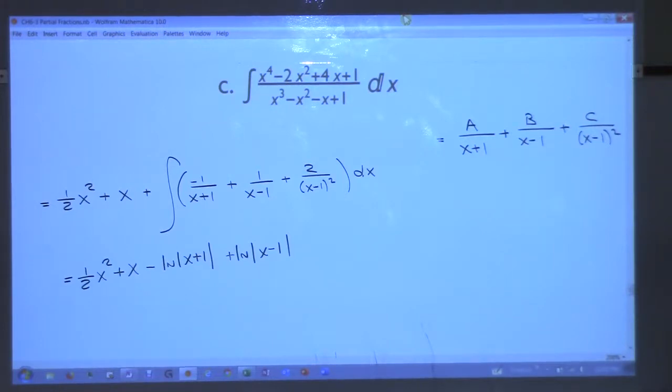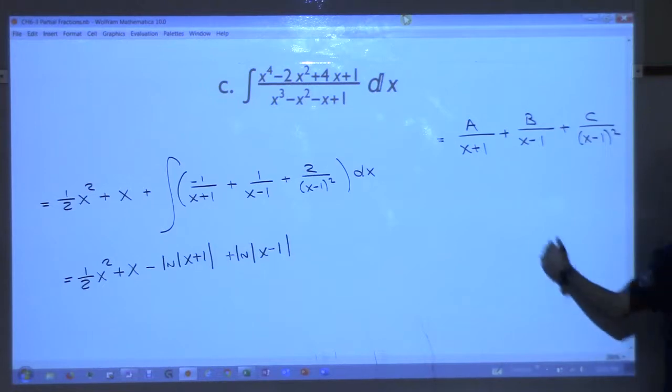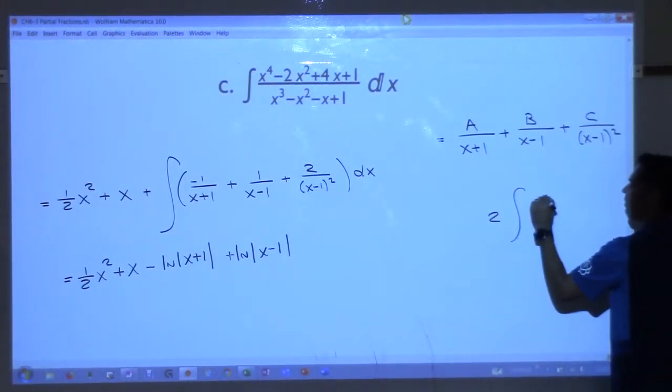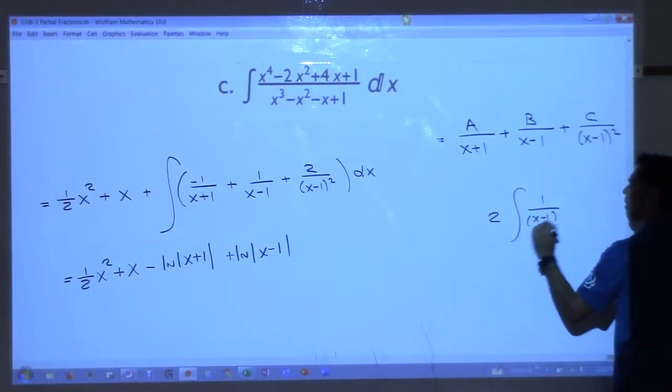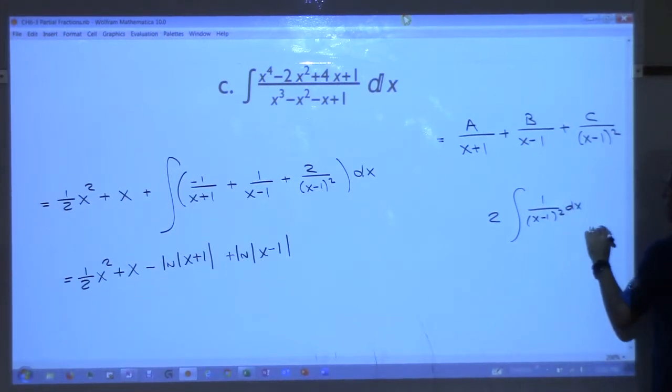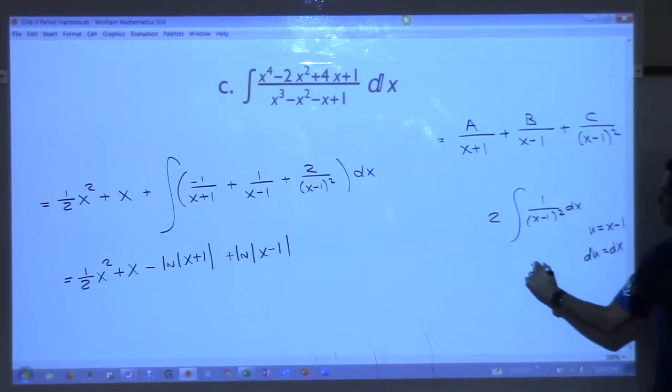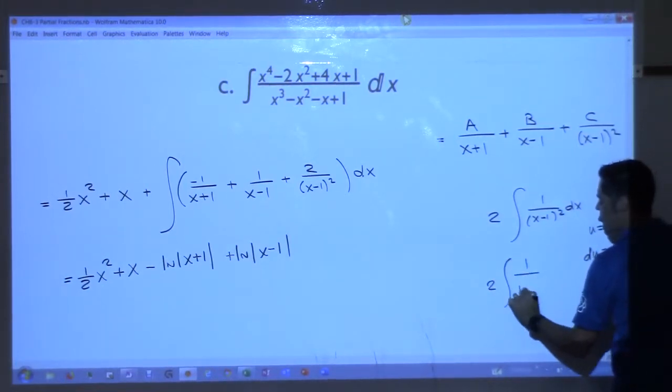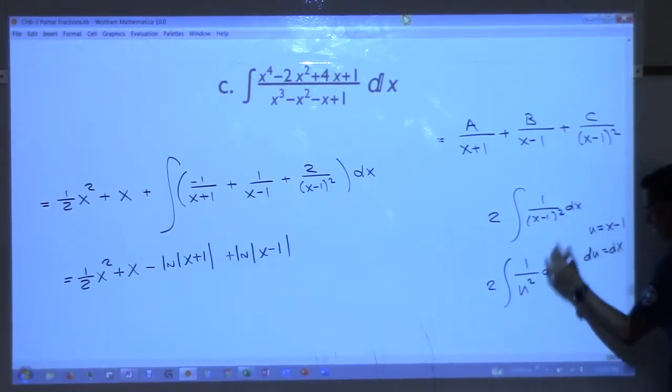Just a little basic u sub on that one. We did that last class. I would pull the 2 out, I would have 1 over x minus 1 squared dx, do a quick u sub, u equals x minus 1, du is dx. So this really looks like 2 times the integral of 1 over u squared du. We did this last class.